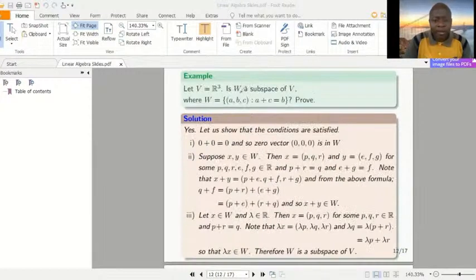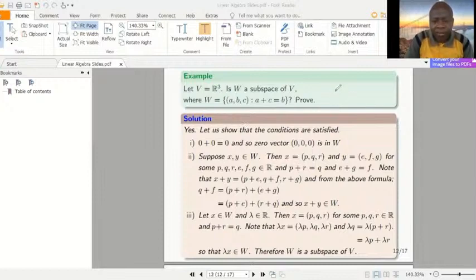Let's proceed to the next. Is W a subspace of R3, where W is given by this? So the condition here is that the first element plus the third element gives you the second element. So let's go through the conditions and see whether they're satisfied. The first condition is to show that R3 has 0, 0, 0, that is the zero vector.